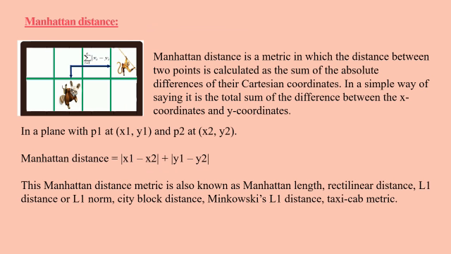Next is Manhattan distance. Manhattan distance is a metric in which the distance between 2 points is calculated as the sum of the absolute differences of their Cartesian coordinates. In a simple way of saying, it is the total sum of the difference between the x coordinates and y coordinates.